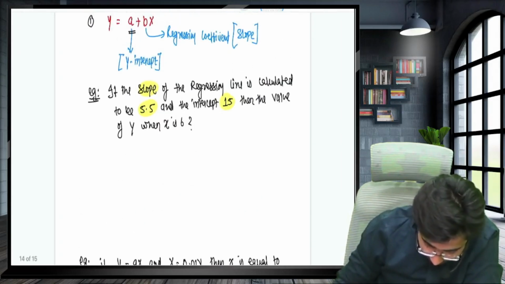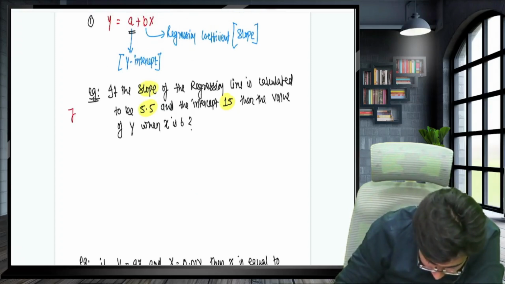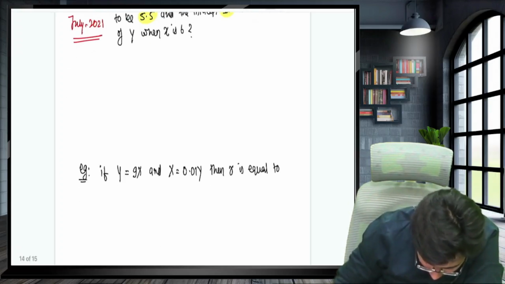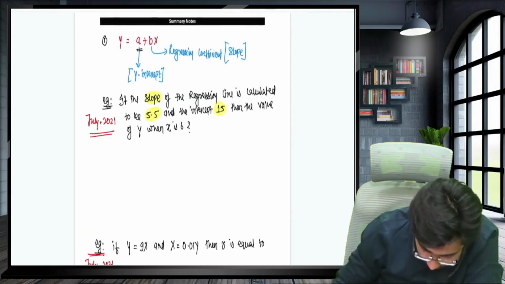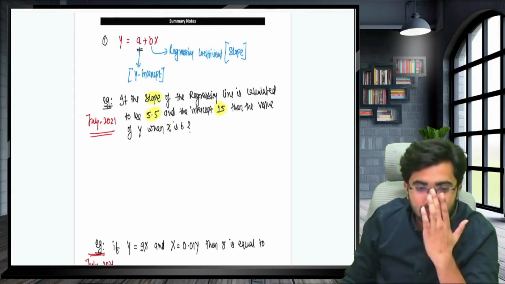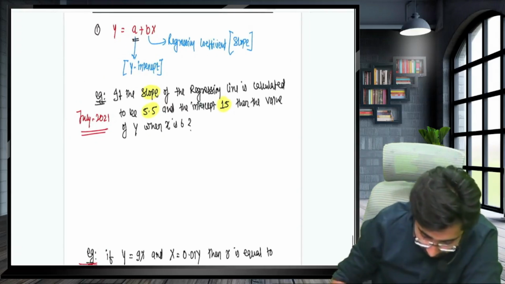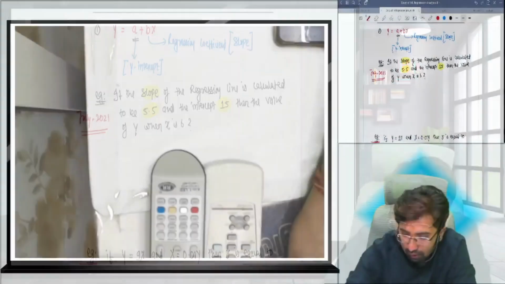Write down, this is a question of July 2021. Again, this is a question of July 2021. So guys, first of all, I'm giving you time, write down this, then we'll start discussion. Write down this first point and these two examples, then we'll start discussion.